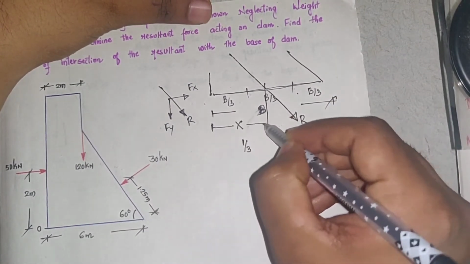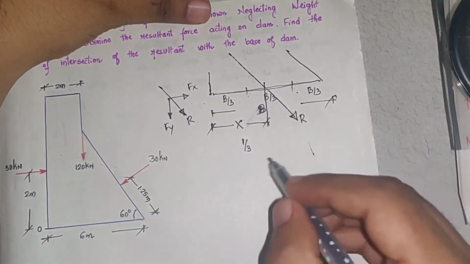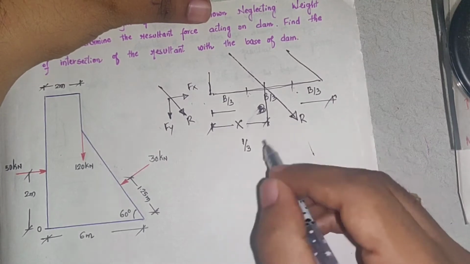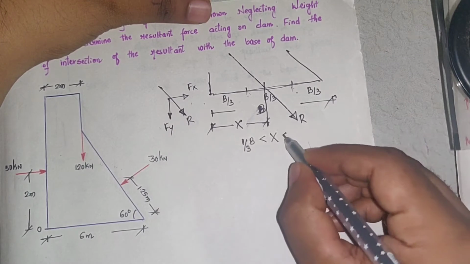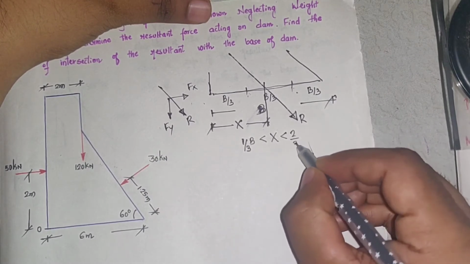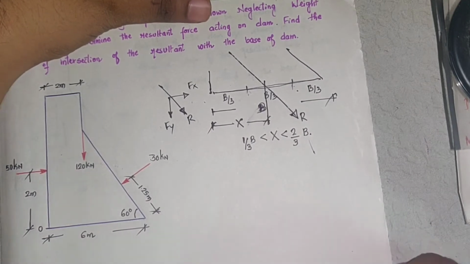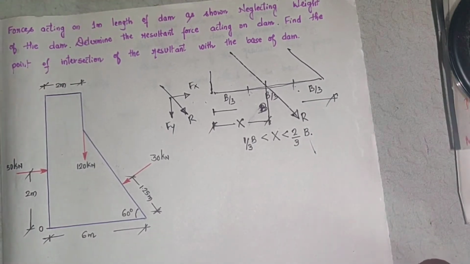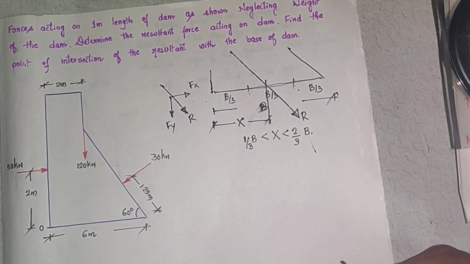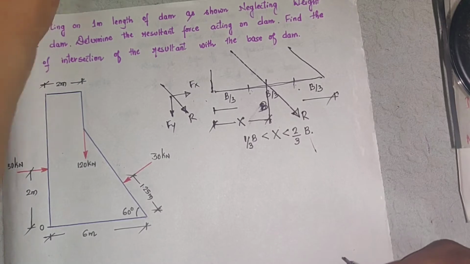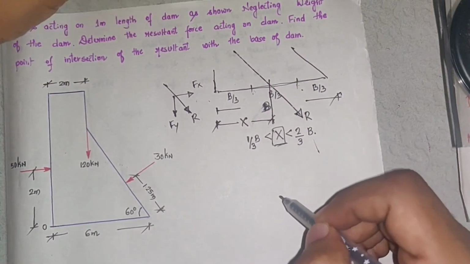If I call this value x, then x should be greater than 1/3 of B and smaller than 2/3 of B. Then the dam is said to be safe.